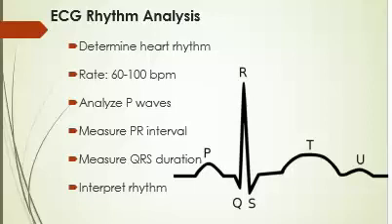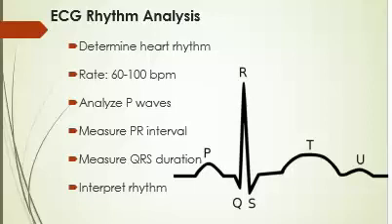And what I mean by regular or irregular is, when you look at the R wave, represented there at the top, is it the same distance from that R wave to the next R wave? Let's just say that between this R wave and the next R wave there are 6 big boxes.